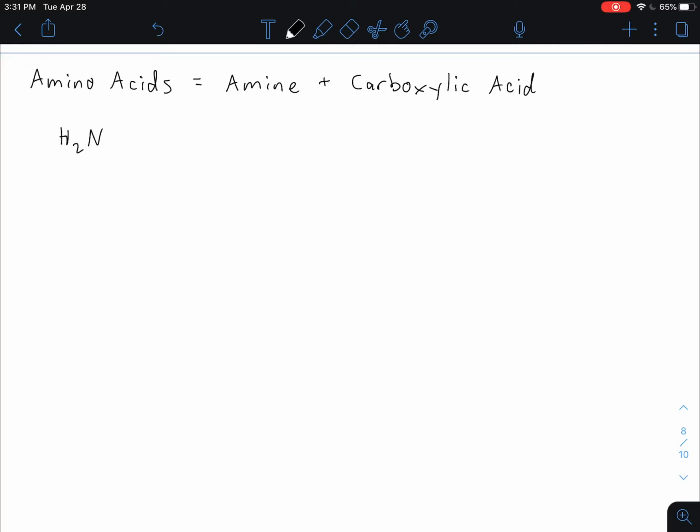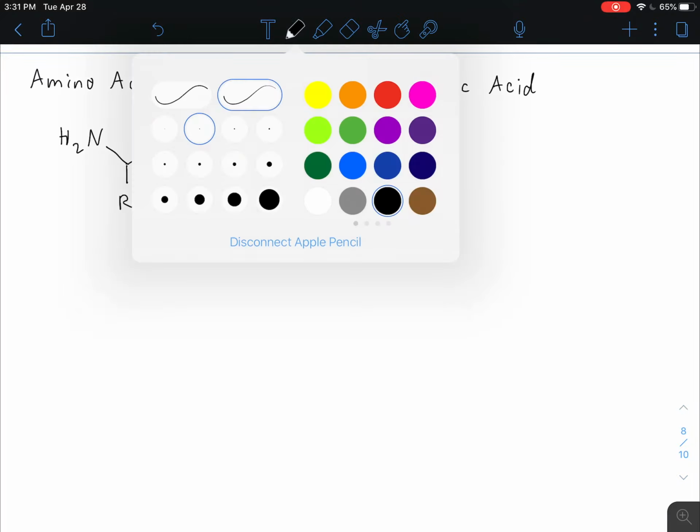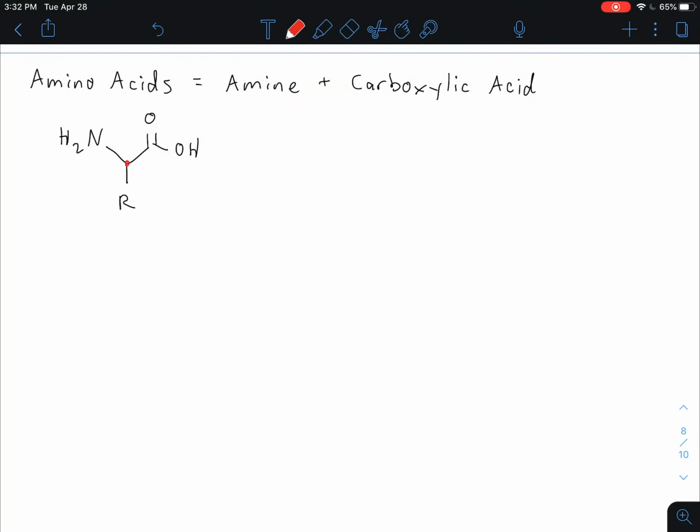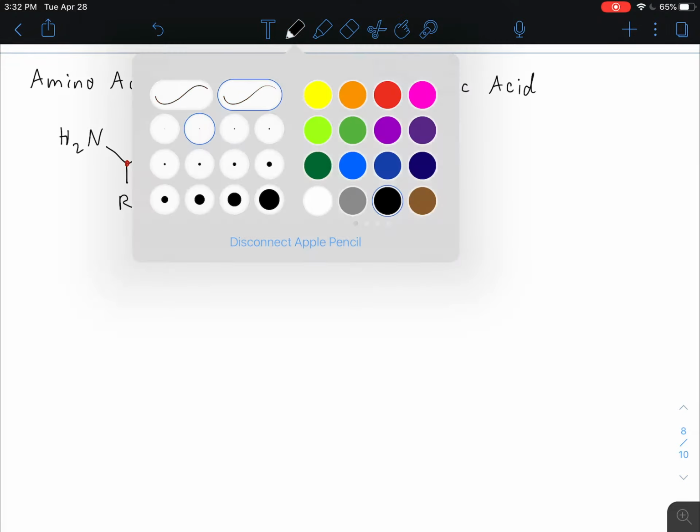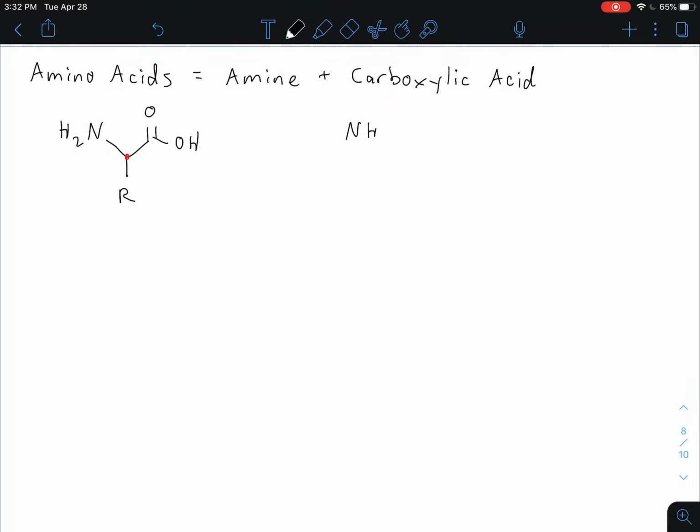So the typical scheme for an amino acid looks like this, where I've got an NH2 group, a carbon in the middle, and then a C double bond O, OH. And generally there's something on that central carbon, that's what we'd call the amino acid side chain, that gives it its particular structure. So that could be anything. It could be as simple as a hydrogen, could be a carbon, it could be anything really that's attached onto that carbon center. That's what makes an amino acid.